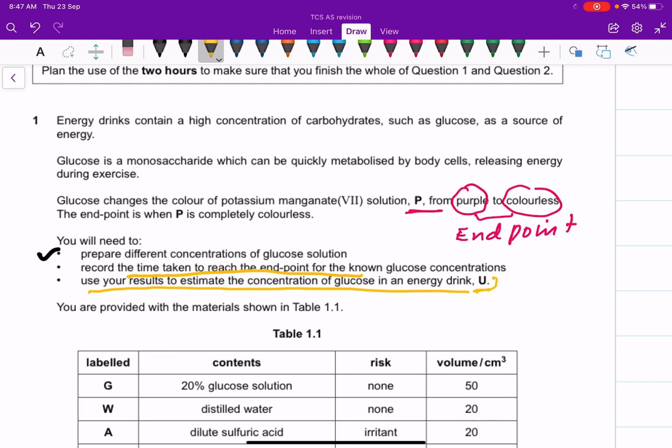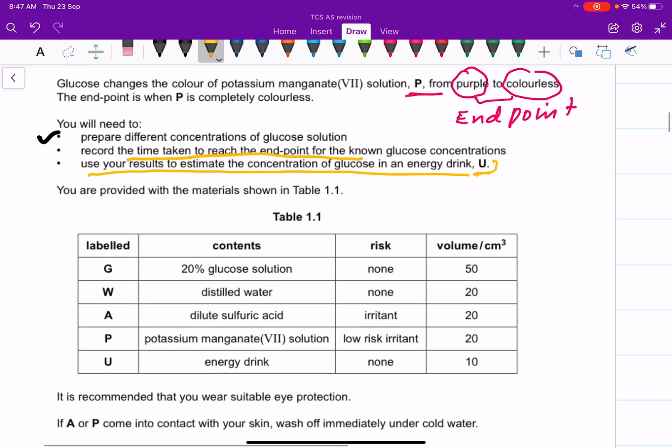So let's see the first part. You are provided with the materials shown in the table.